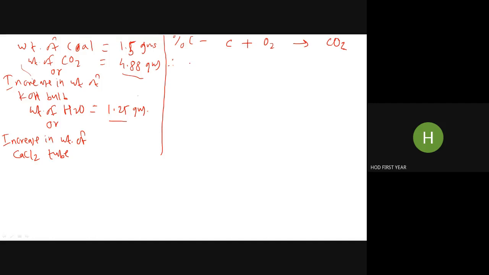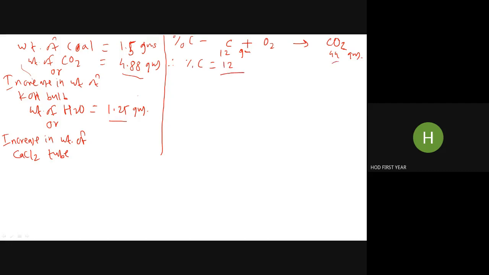So therefore, percentage of carbon is equal to. So according to this reaction, one atom of carbon is 12 grams, right? And one molecule of CO2 is 44 grams, right? So reactant is carbon, that is 12.